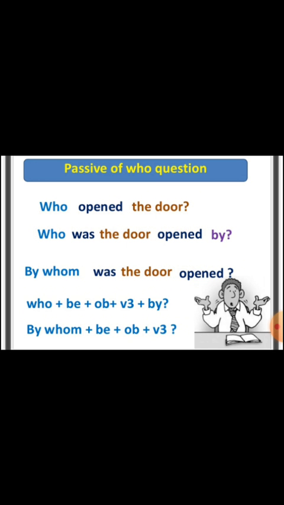By whom was the door opened? You have to follow the following structure: by whom, be plus object, and after that you have to write the third form of the verb.